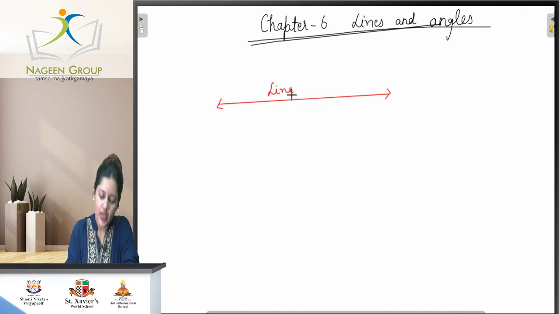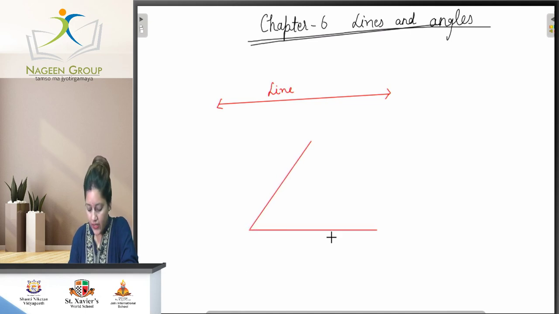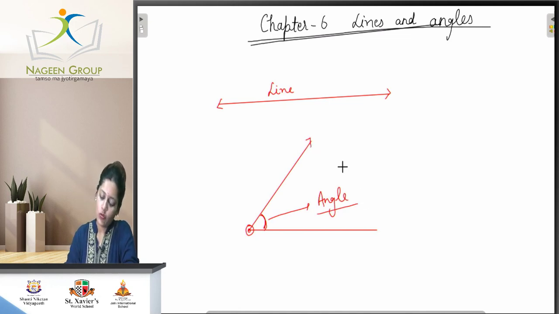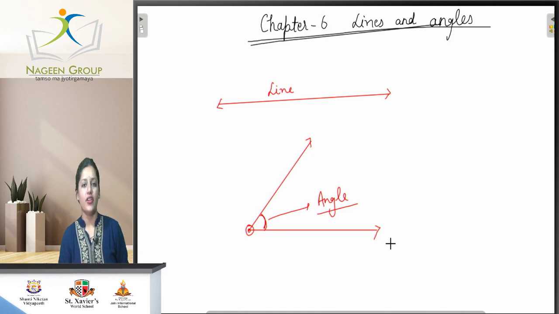So this is a line. But what is an angle? An angle is when two lines join together at one common point, that is this one. The area between them is known as the angle. It has two lines that can increase indefinitely.